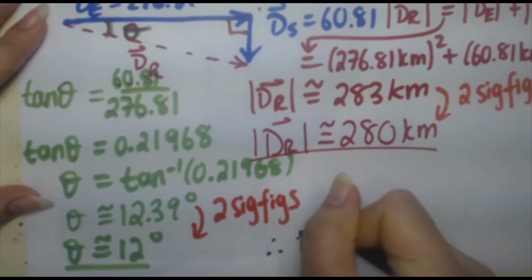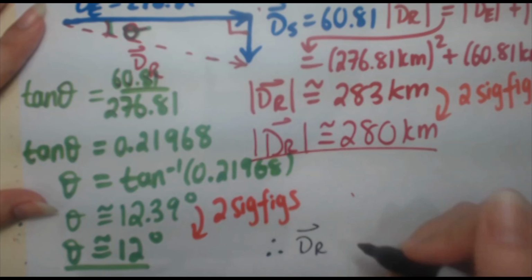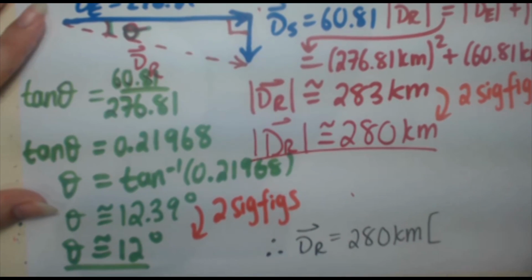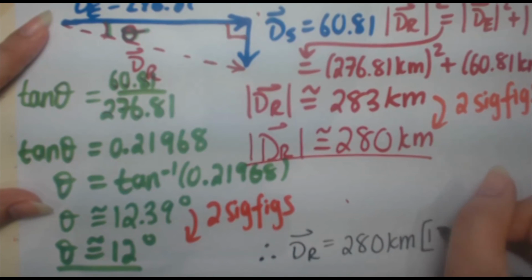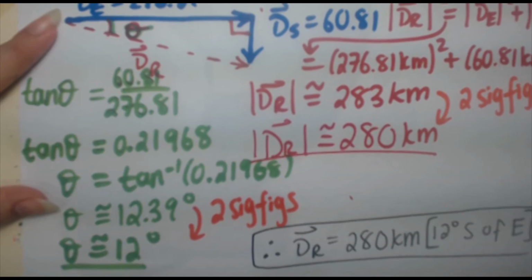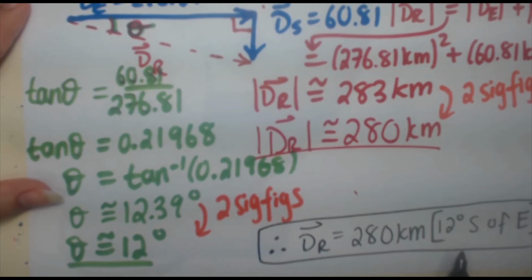Therefore, the resultant displacement is 280 kilometers. And then you put your direction in square brackets, 12 degrees south of east. Okay? And that is it. So everything is given according to the correct number of sig figs. 2 sig figs for the angle, 2 sig figs for the resultant displacement, and we have our final diagram.